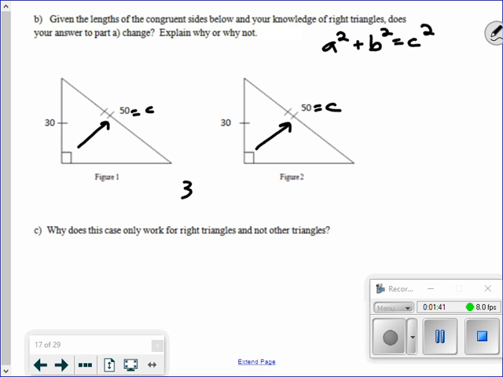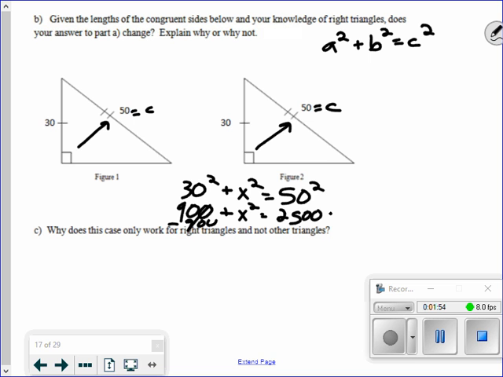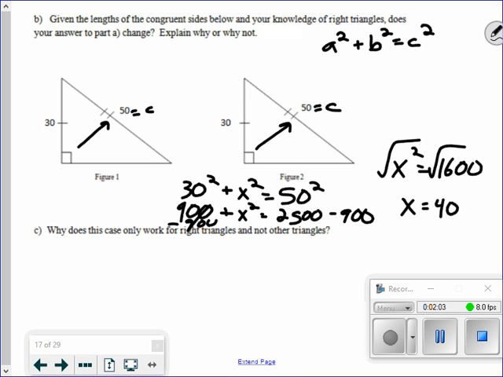So I would do 30 squared plus x squared equals 50 squared. And in both triangles, I would get the same answer of 40.